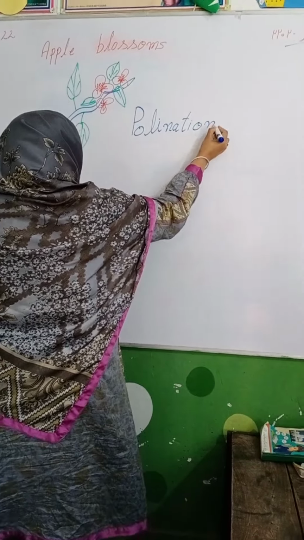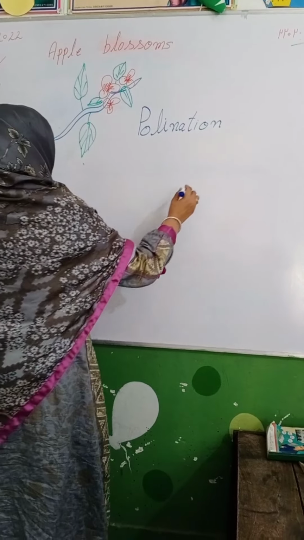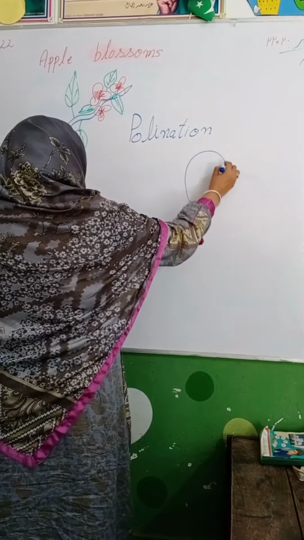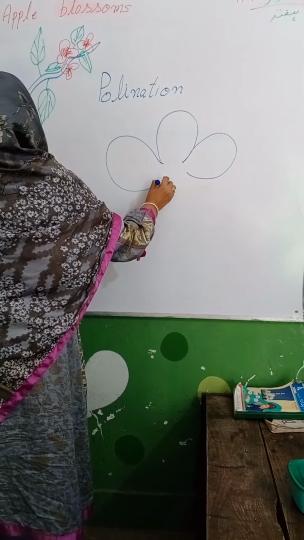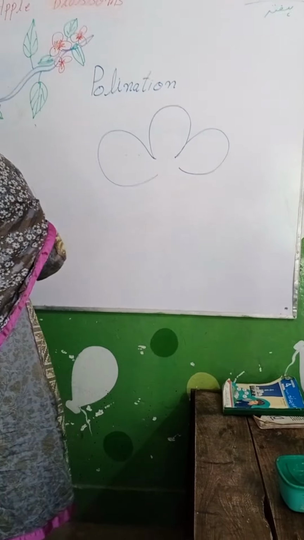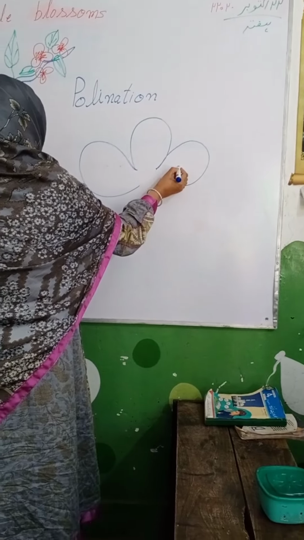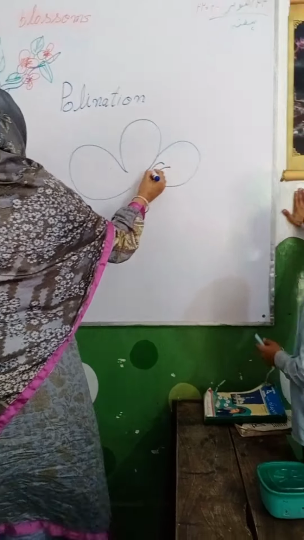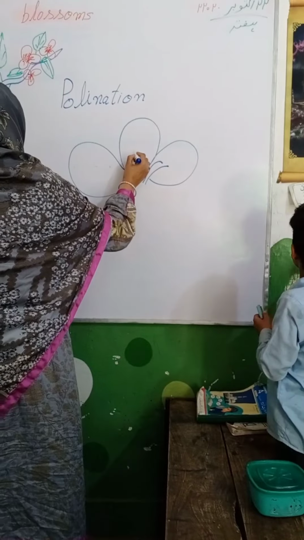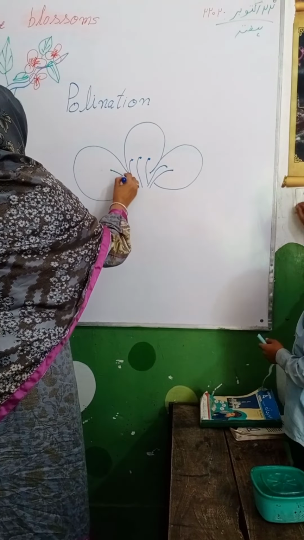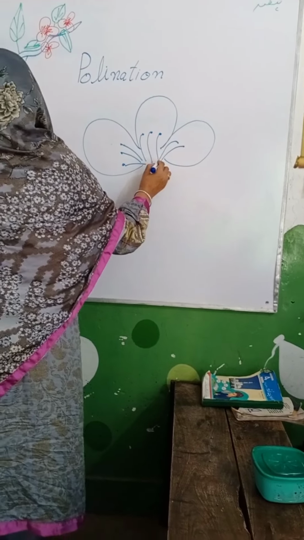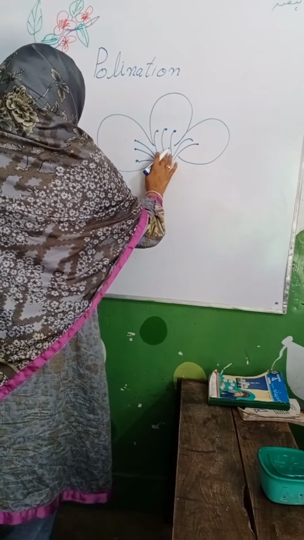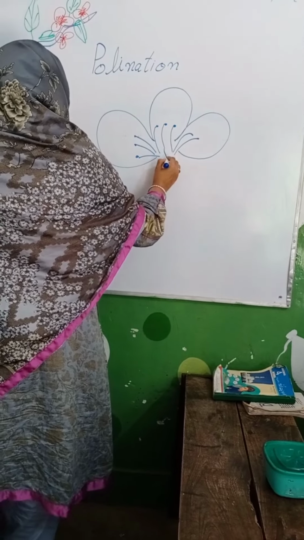Today we will introduce to you pollination of apple blossoms, a complete procedure of pollination and fertilization of apple blossoms. Flowers are the sexual reproductive organ of the plant because they contain male and female reproductive organs, stamen and pistil, which form male and female gametes.